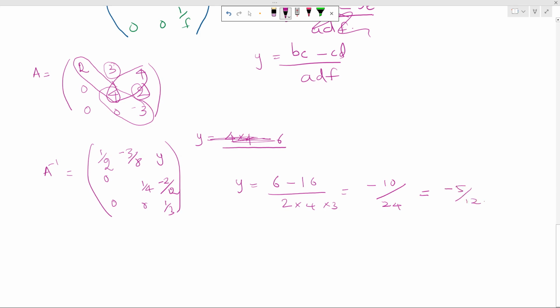Okay, so the A inverse will appear as 1 by 2, minus 3 by 8, minus 5 by 12, 0, 1 by 4, minus 1 by 6, 0, 0, 1 by 3.